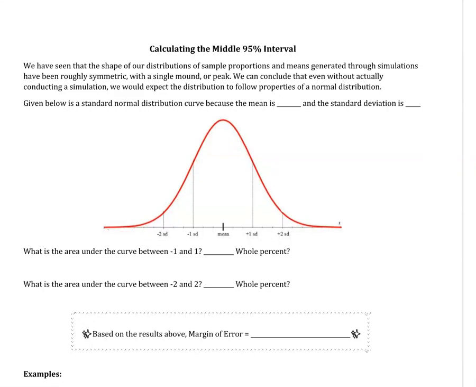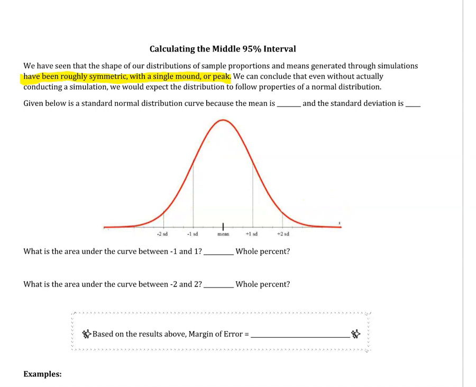In fact, just about all of it ends up looking that way. Okay, so we have seen that the shape of our distributions of sample proportions and means generated through simulations have been roughly symmetric with a single mounded peak. We can conclude that even without actually conducting a simulation, we would expect the distribution to follow the properties of a normal distribution. So that's this bell curve right here.